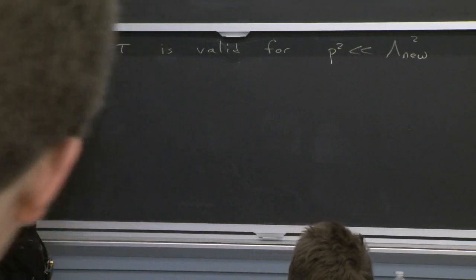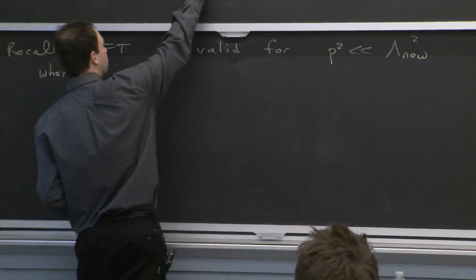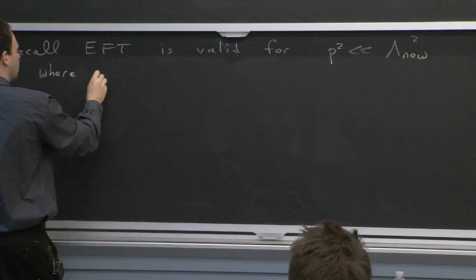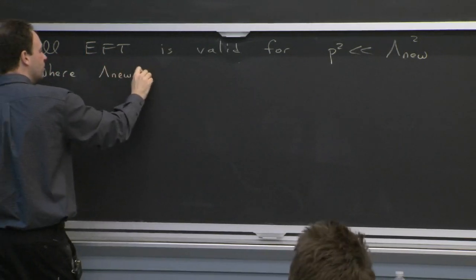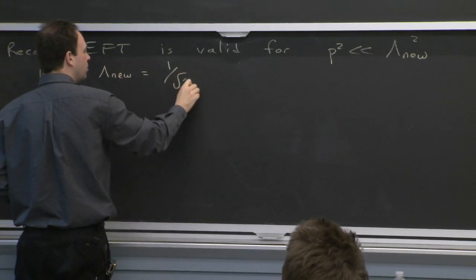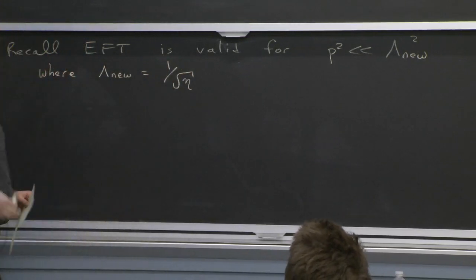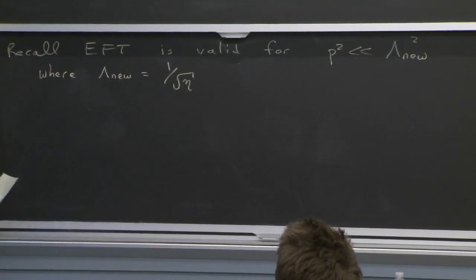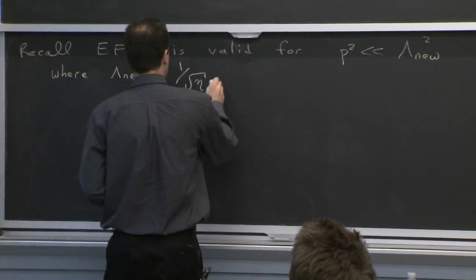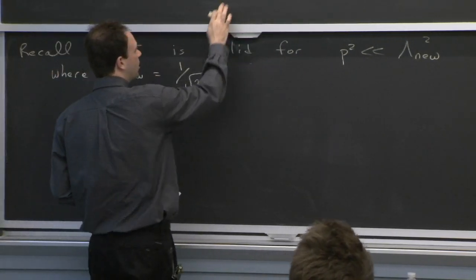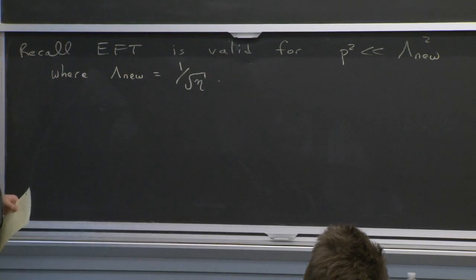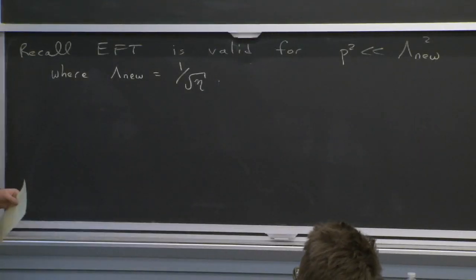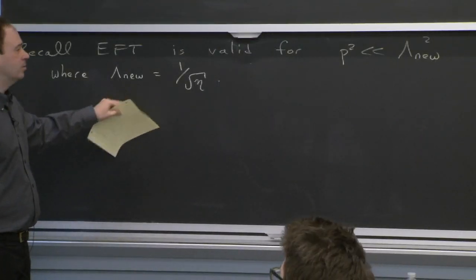In the particular case that we're dealing with, this parameter eta had dimensions, and so lambda nu was 1 over root eta. And we'd put factors of eta in front of our higher dimension operators, so that's like putting 1 over lambda nu's in front of those operators. And the reason that we don't have to worry so much about this ghost Lagrangian is that these ghosts are going to get mass that's of the size lambda nu.